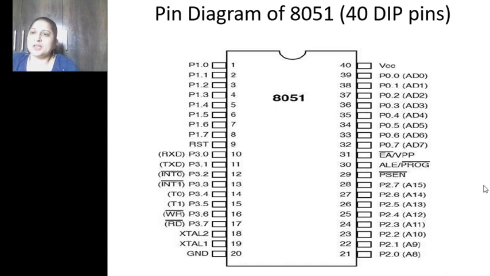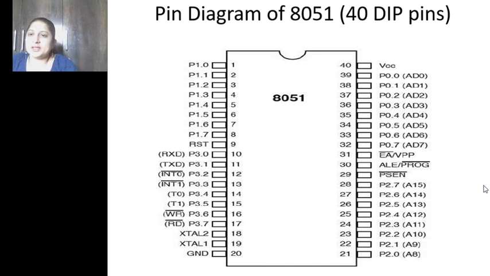When we talk about the next port, P0, which pins are assigned for port 0? Pin number 32 to 39. We can use these pins as port 0 input output pins, but other than this they are also used for the address lines and the data lines, AD0 to AD7. Then for port number 2, which pins are assigned?